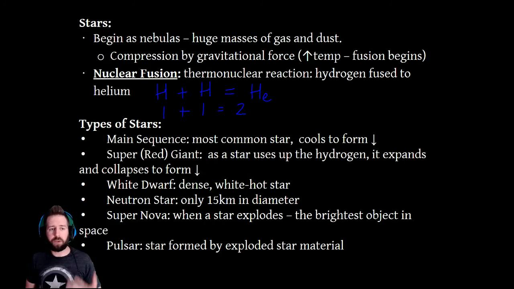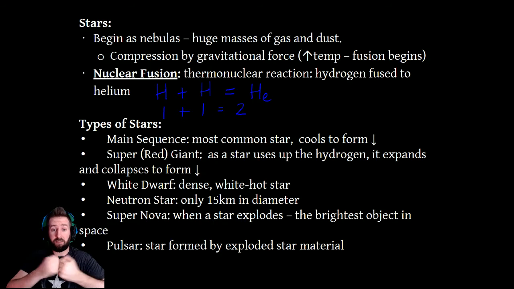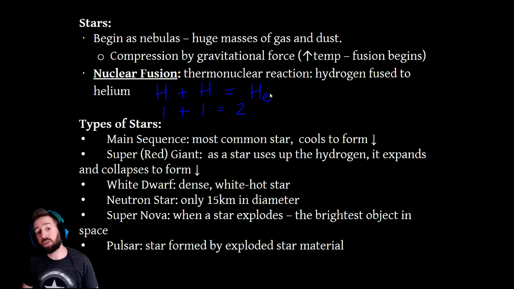So what is fusion? Nuclear fusion is a thermonuclear reaction, and the part that you need to know is that hydrogen, the most simple element, two of those atoms are going to get knocked together and fused, which means they become one. And it's going to turn into helium. So when you have two hydrogens, they squish together and turn into helium. This is not a simple thing. We don't really do this kind of thing on Earth.